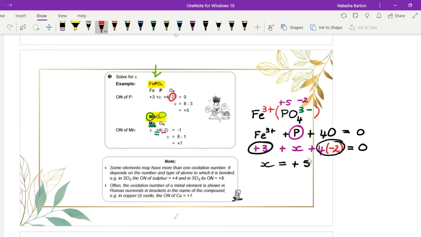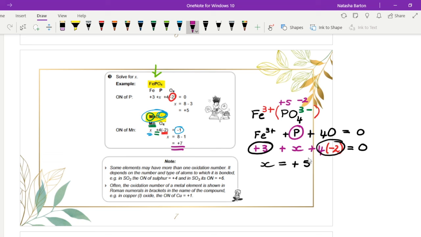Oxygen normally has an oxidation number of -2. And since this entire ion has a charge of -1, instead of adding it up to 0, we say it adds up to -1. We put in X in the place of manganese and solve for X, and we find that its oxidation number is positive 7. So these are examples where you may need to make use of these oxidation numbers.